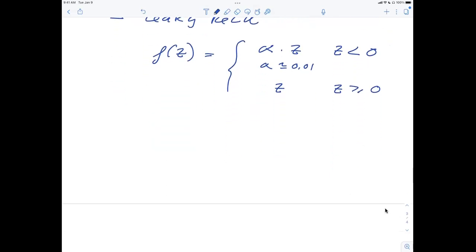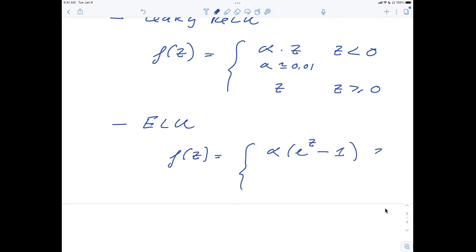Then we have another function which is called the exponential linear unit, or the ELU, which is also very much used. It has an f of z equal to a new variable alpha, which is normally something you would tune, multiplied with e to the power of z minus 1, when z is less than 0, and then simply z when it's larger than 0.